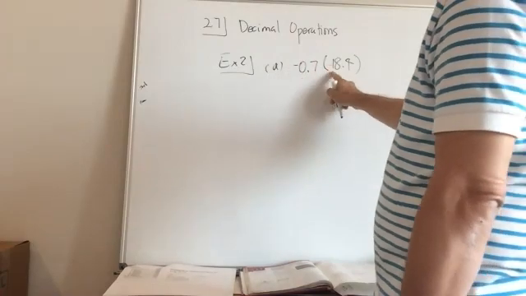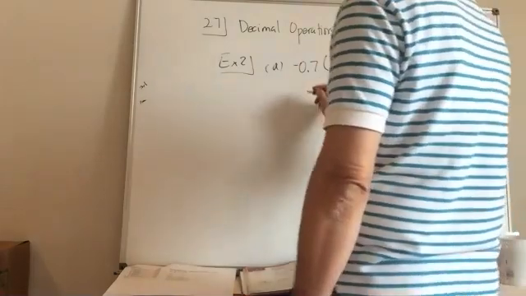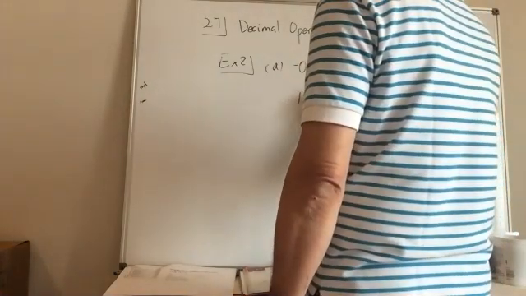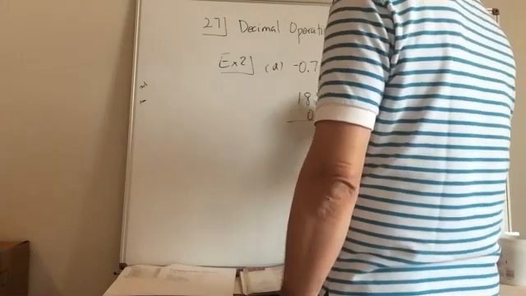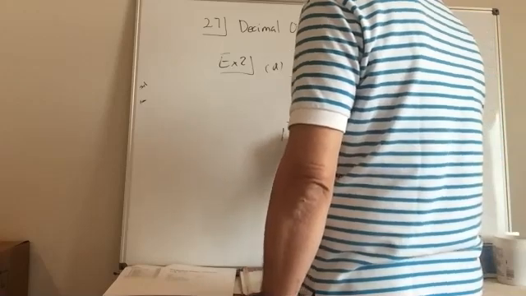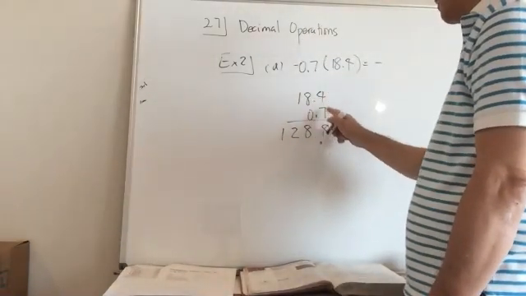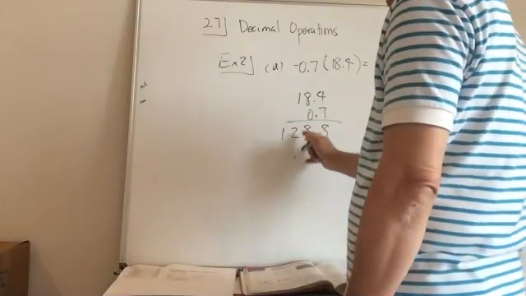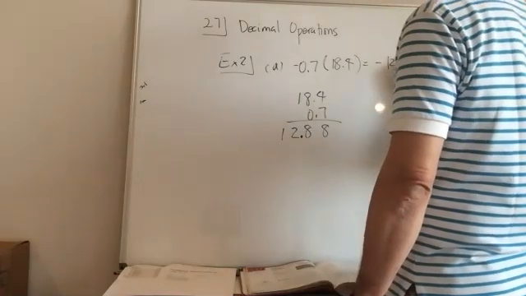Negative number times a positive number is a negative number. So let's do the multiplication itself. 18.4 times 7: 28, 56, 112. I have 2 behind the decimal, so I'm going to count 1, 2. So it's going to be negative 12.88.